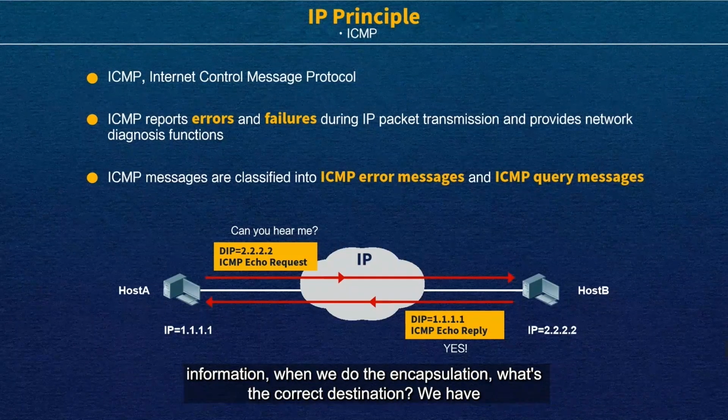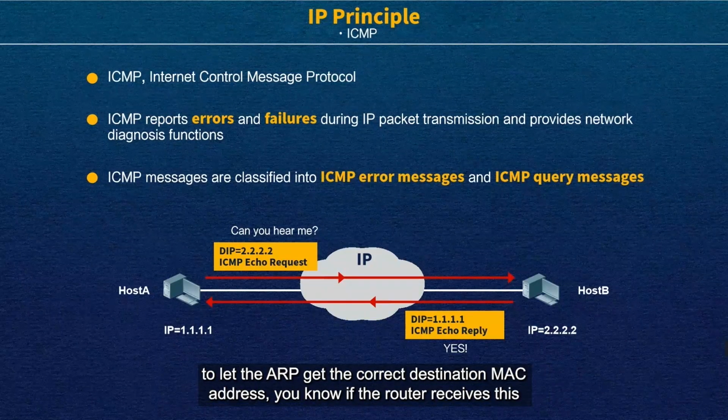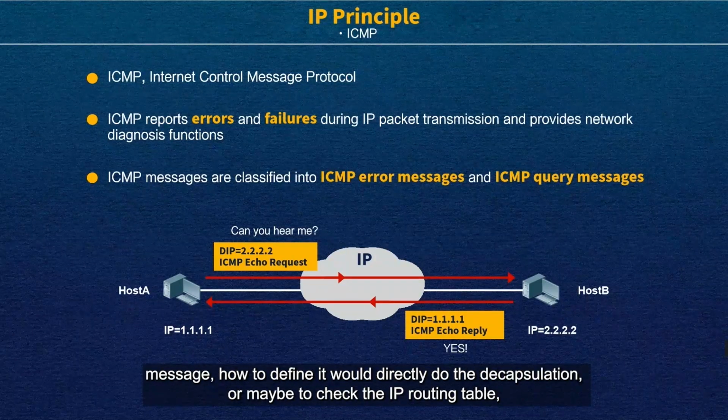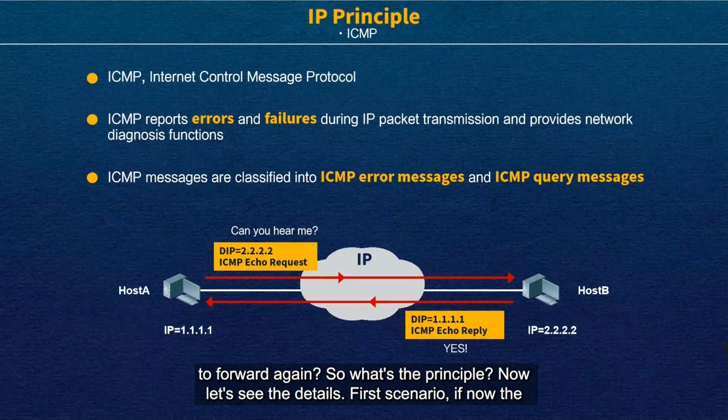When we do the encapsulation, what's the correct destination we have to know? We have to let ARP get the correct destination MAC address. If the router receives this message, how does it decide whether to directly de-encapsulate or to check the IP routing table to forward it again? So what's the principle? Now let's see the detail.